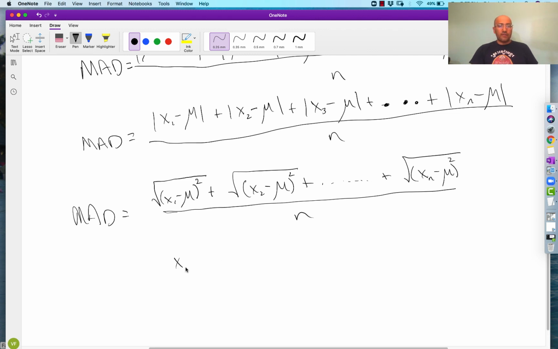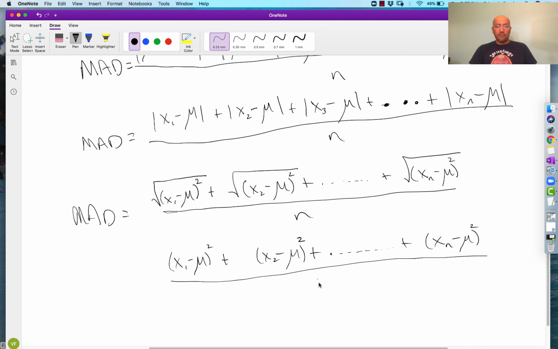We're going to go x1 minus mu and square it, and then x2 minus mu and square it, plus dot dot dot, and then all the way out to the last one, xn minus mu and square it, divided by n.